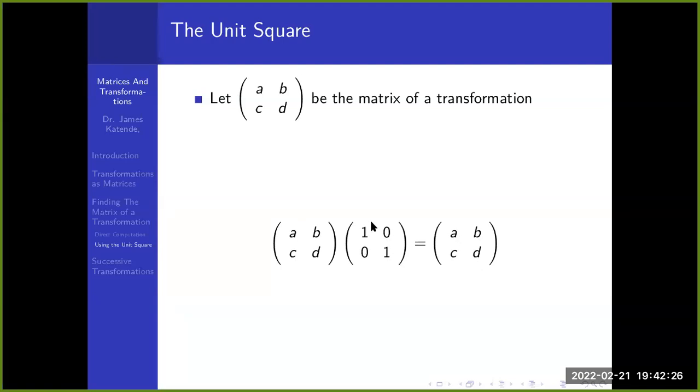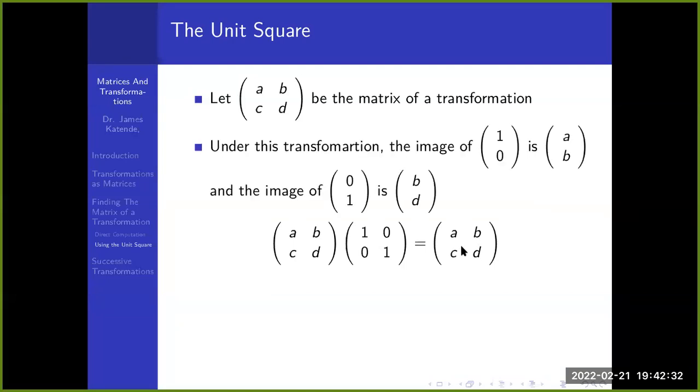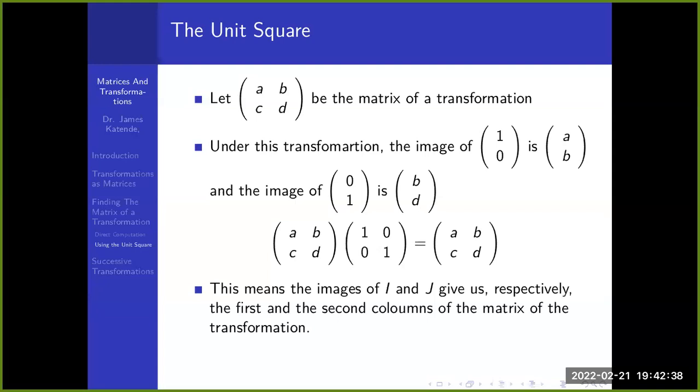So the images of 1, 0 and 0, 1 simply give you the matrix. That's where we get the trick. Simply find the images of I and J, and you have your matrix.